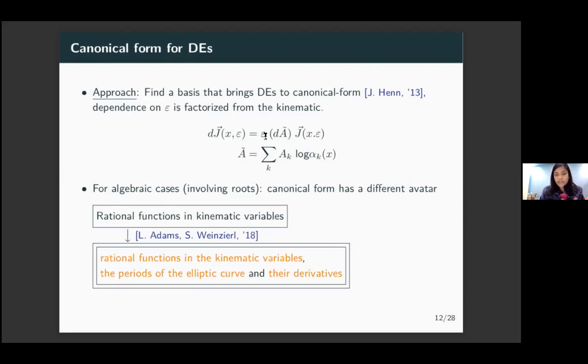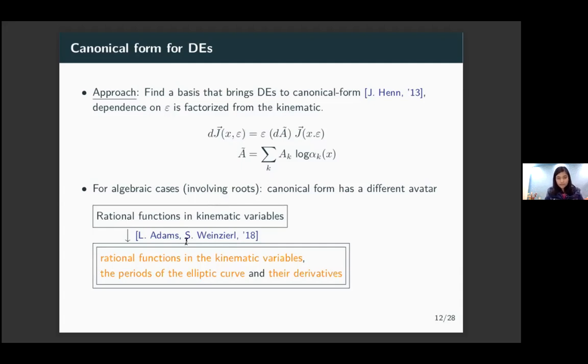There was a conjecture in this paper that if you relax the condition that the transformation is only rational, then you can have this nice form of the differential equation for the master integrals. But once you have this, you still want to see what the objects actually are. Okay, I see. So these are two different things.